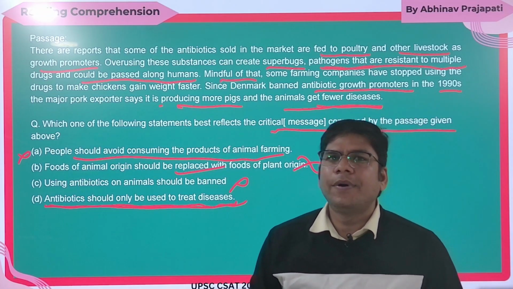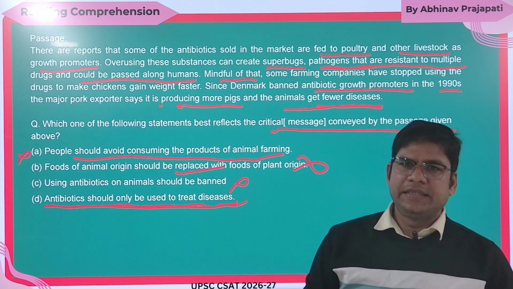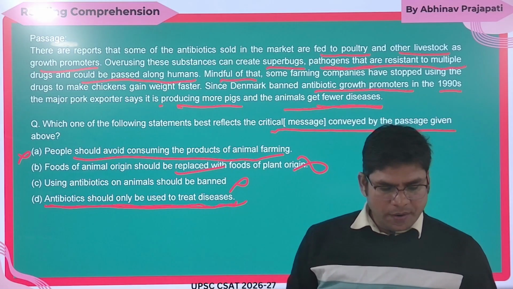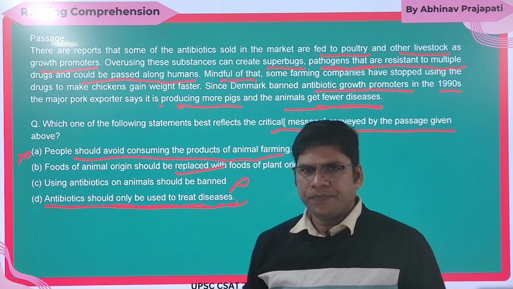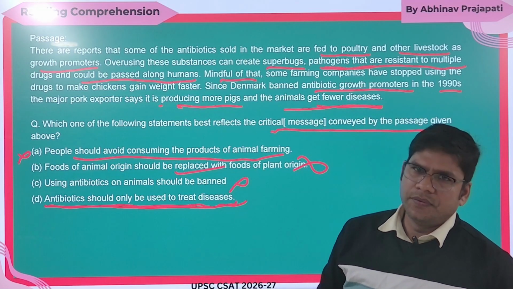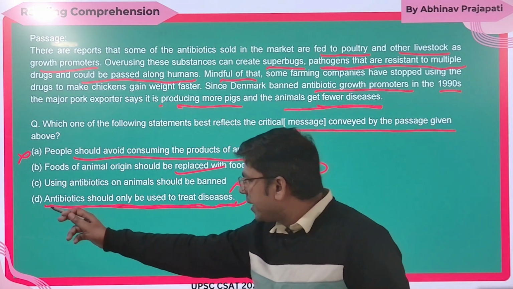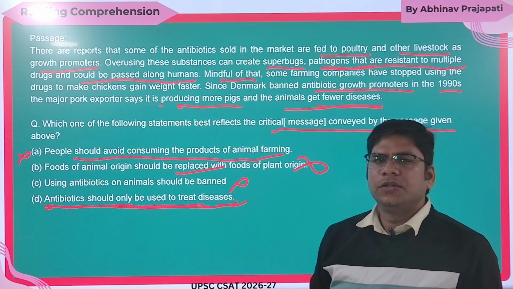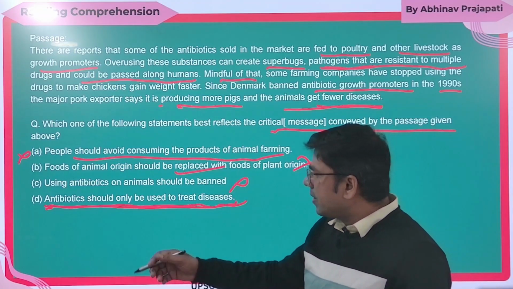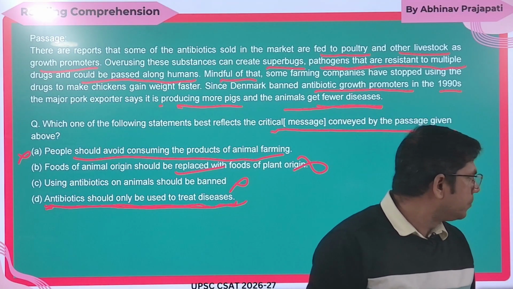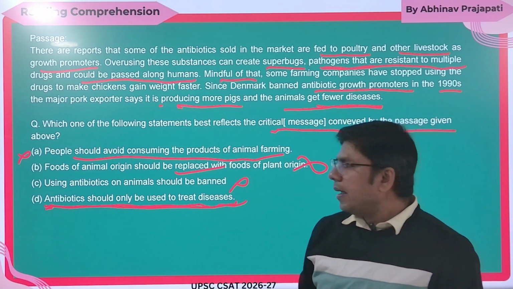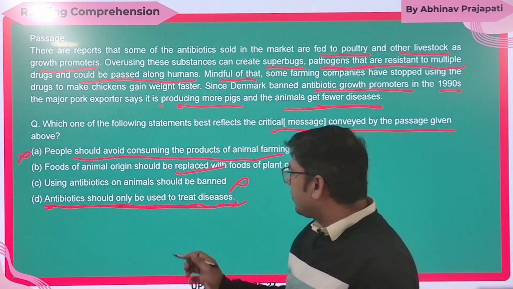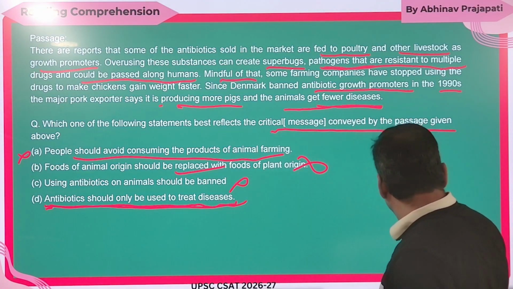For treating disease only, because if you use them for other purposes, the number of diseases will increase, and this is very harmful. The author is not saying that you should completely ban antibiotics. You should use them, but only for treating purposes. Okay, clear?